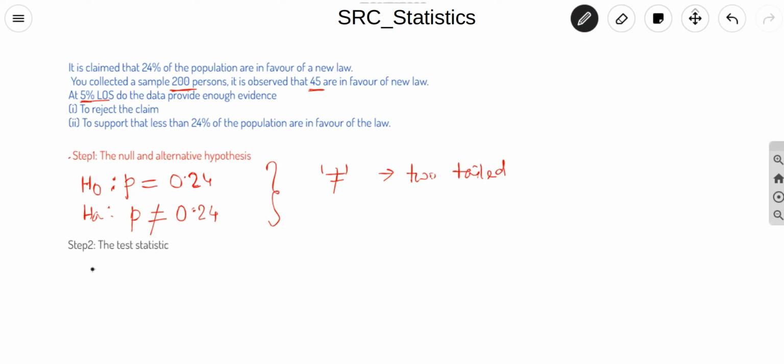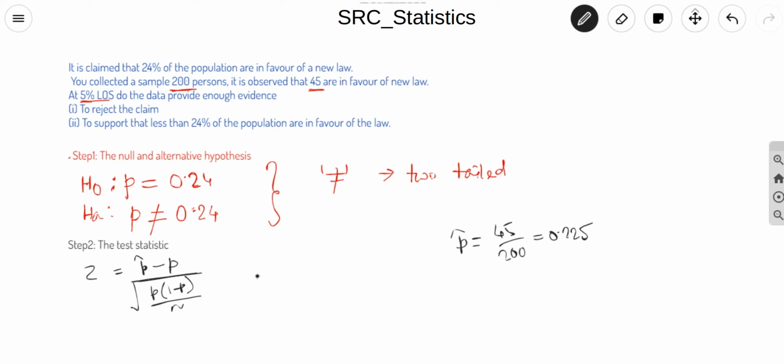Then step 2 is finding out the value of the test statistic. Okay. For Z-test for single proportion, the formula is Z equal to P hat minus P divided by square root of P into 1 minus P divided by N. Okay. So P hat is the sample proportion, that is whatever value we get from the sample observation, that is 0.225.